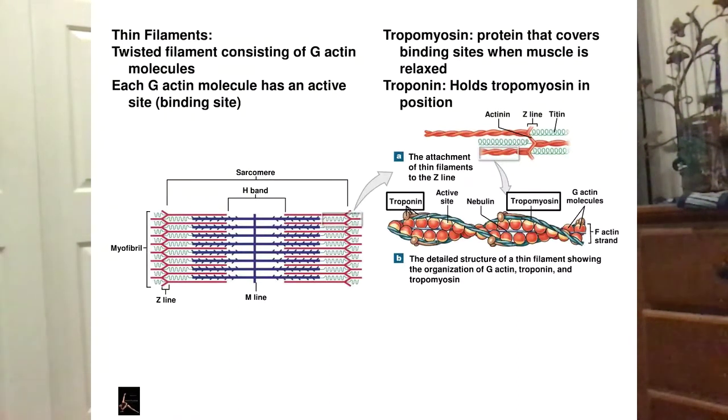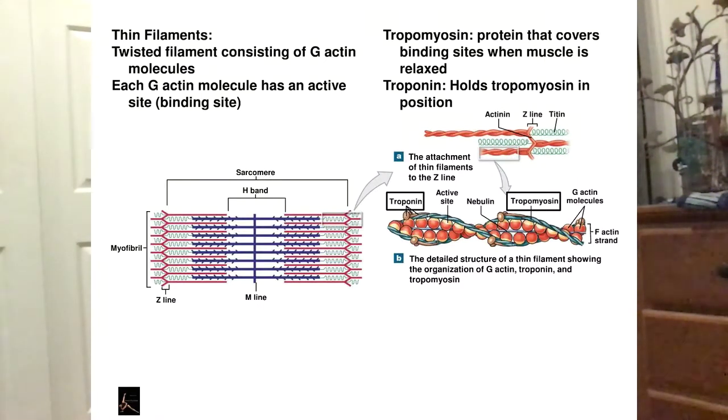And what holds the tropomyosin in place are those small brownish rounded molecules called troponin. Okay, so troponin is going to hold tropomyosin in place. Troponin is going to be able, though, to shift position, and when it does, it's going to pull the tropomyosin off of those active sites, exposing those active sites, and that means we're going to be able to get an interaction.